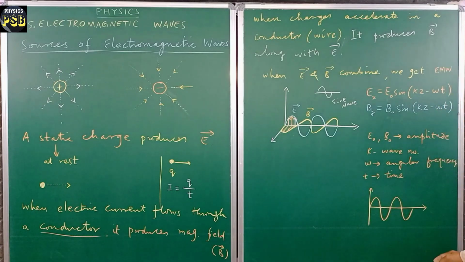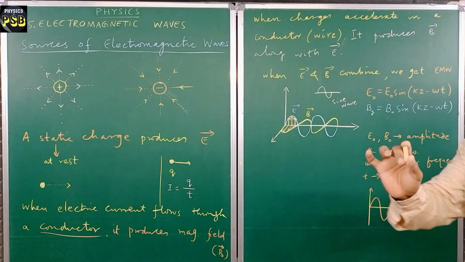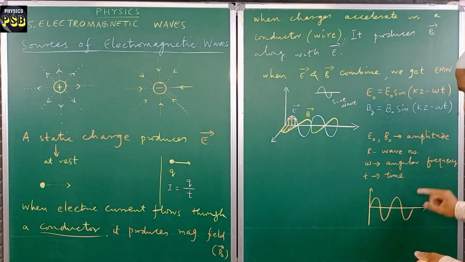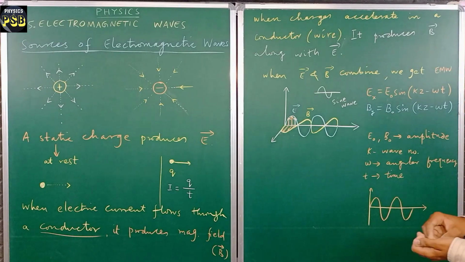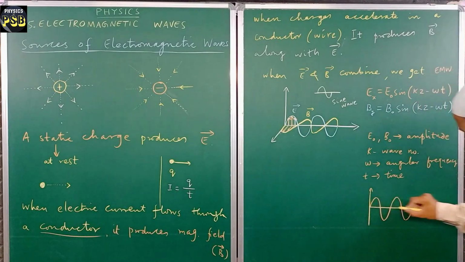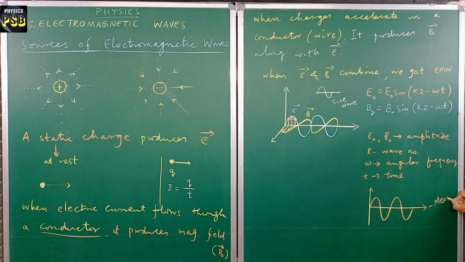This kind of motion is referred to as oscillation or vibration. Clear? Now you see here, this yellow line represents the mean position.